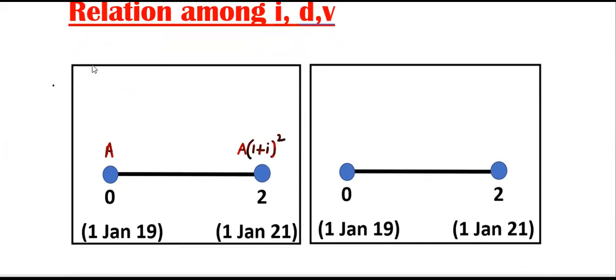When you are finding future value, we always use this one. If you are finding present value or discounted value, you have to use (1-d)^2.